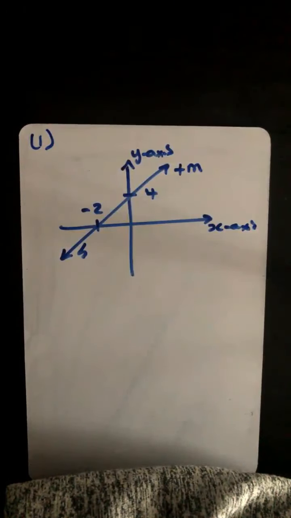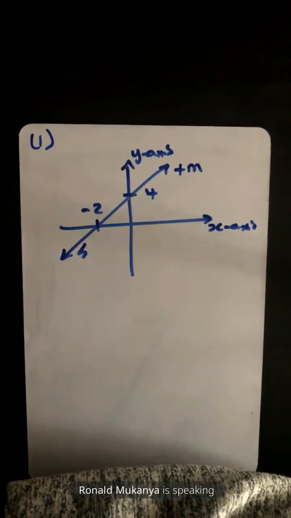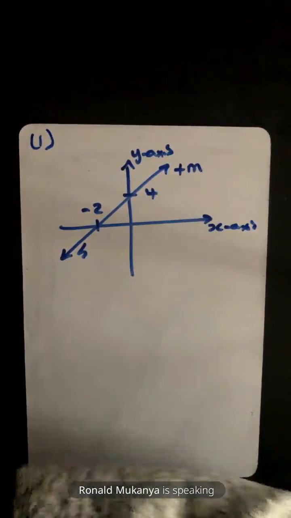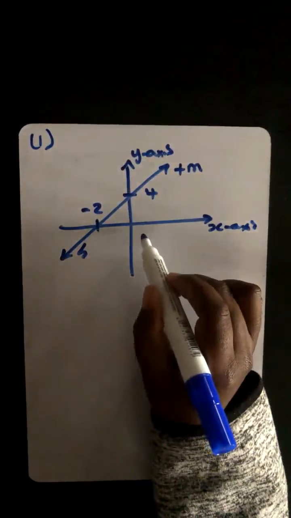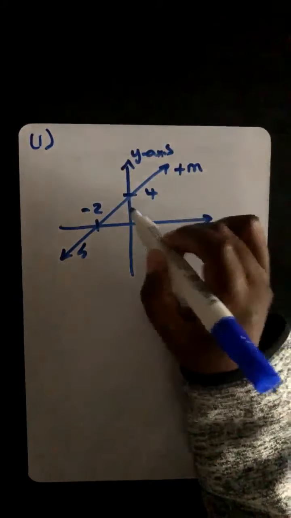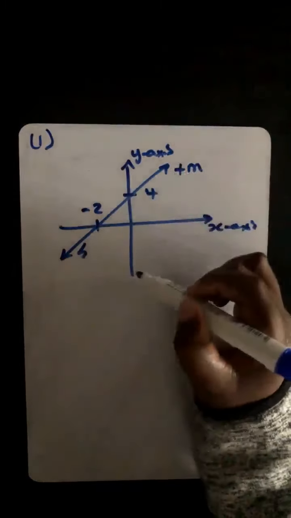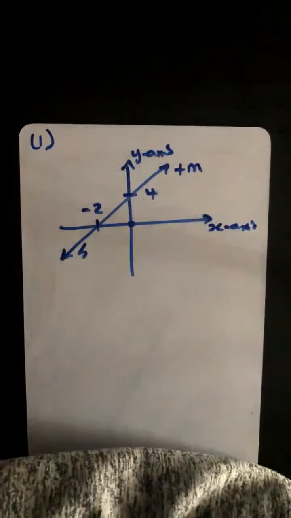Ronald, sir. I think it's because the graph cuts above the origin. 100%. So the reason why we are going to have a positive c value is because this graph cuts the y-axis above the origin. If it's below, it's going to be a negative value. So all of you are correct.